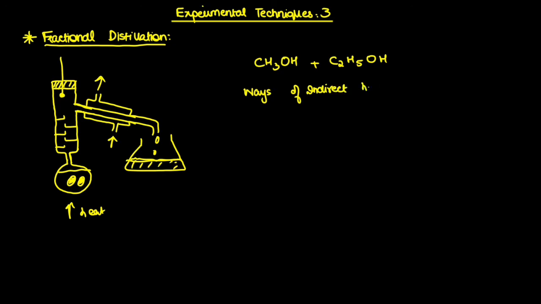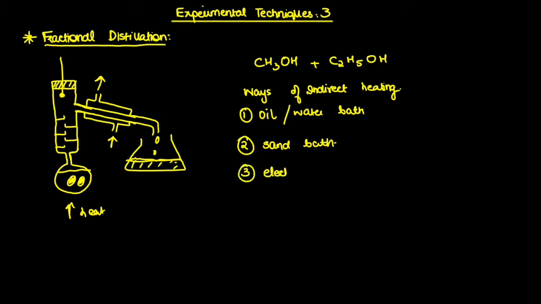So first of all, you can use an oil bath or a water bath, oil/water bath. And second, you can use a sand bath. Alright. And third, you can use an electric hot plate.